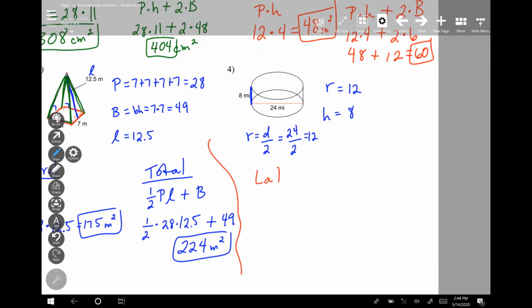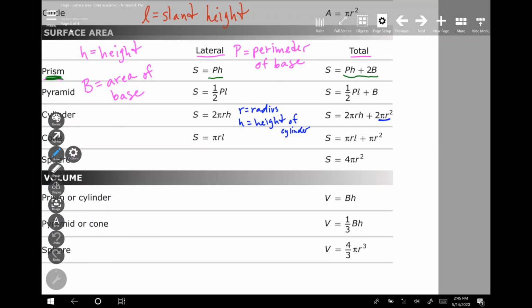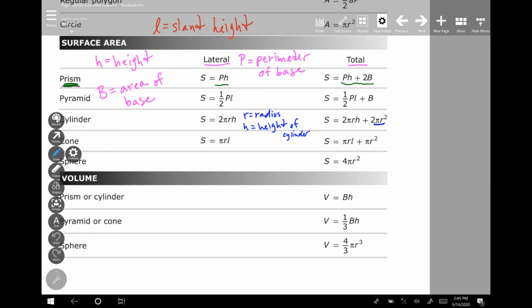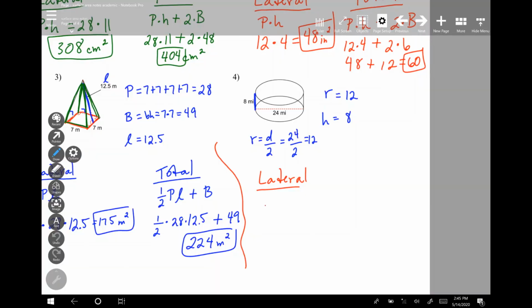Okay, the lateral surface area. Let's look at our formula chart. And you can always reference your formula chart. It's 2 pi r h. So 2 times pi, and I'm using the calculator's value of pi, times my radius, which is 12, times the height, which is 8.